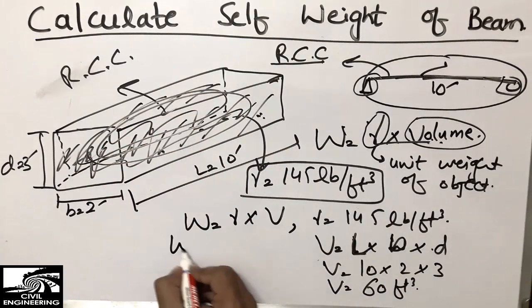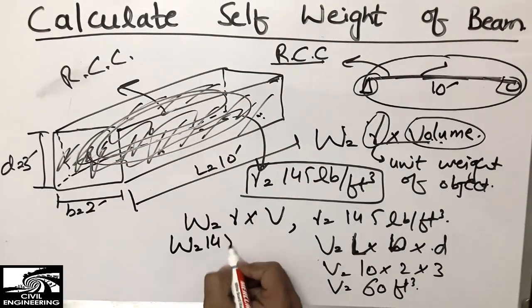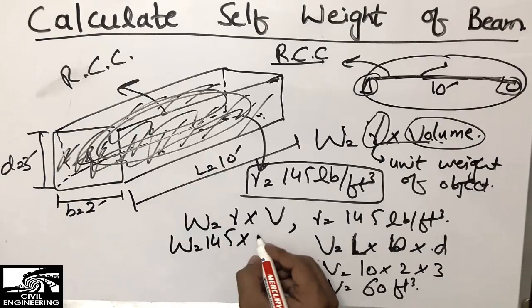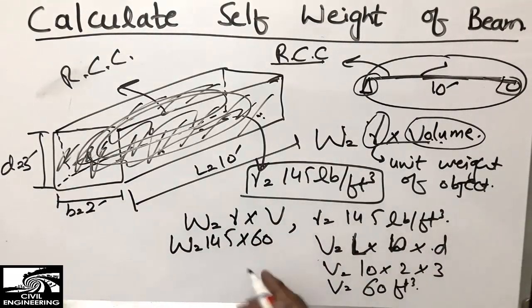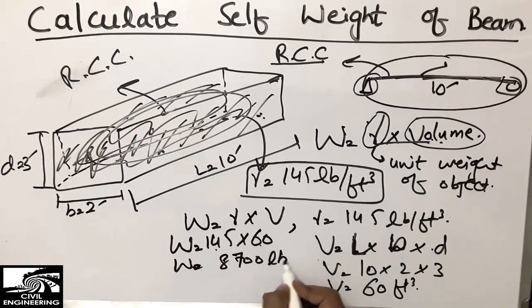So we will multiply these two numbers. 145 is the unit weight of this beam, and 60 is the volume of this beam. So 145 into 60, we get 8700 pound. It means almost 8.7 kips, right?